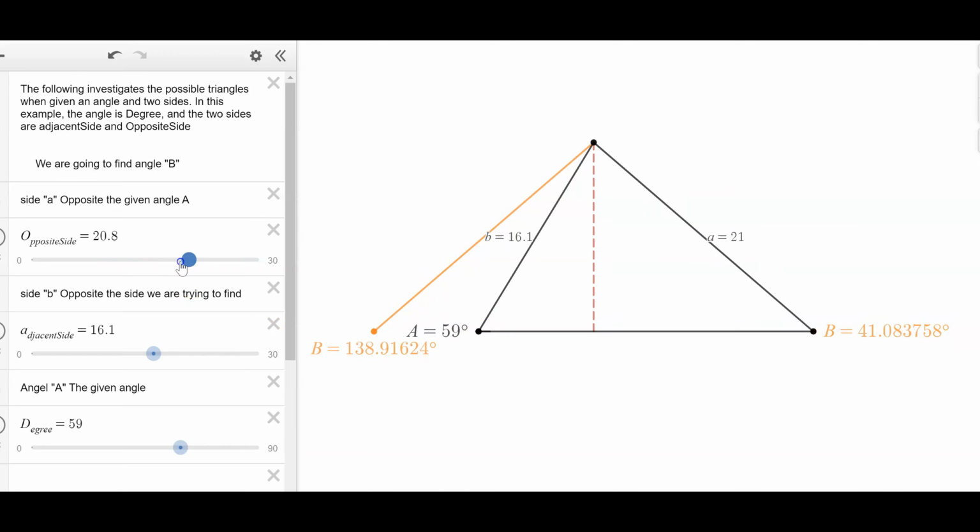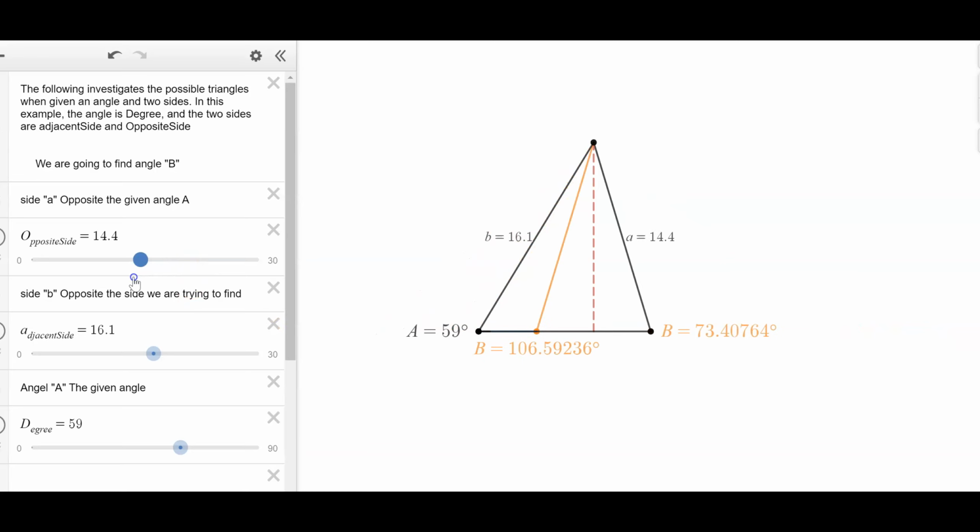But as soon as that opposite side of the given angle is smaller, then remember we get this situation where this one is small, and so it could connect here or here. Remember, if you do that little swoop here, you're getting two different triangles. Then again, it could also get too small and then you don't have any. But if it's smaller, we're going to get 2. And so how does that occur with law of cosines? Let's find out.